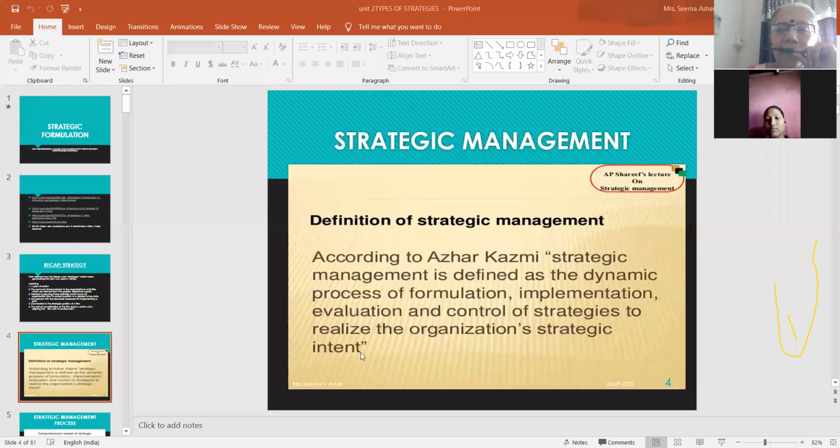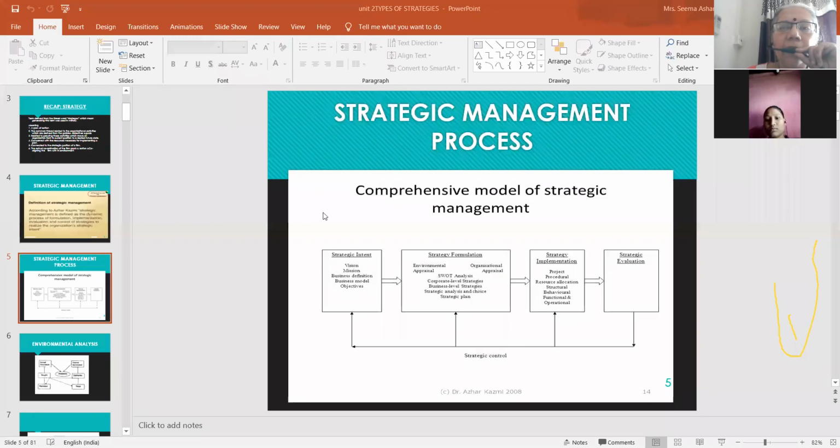They are strategic intent, strategic formulation, strategic implementation, strategic evaluation, and strategic control. This is exactly the strategic management process. So, if you know the definition properly, you can understand the process very well.